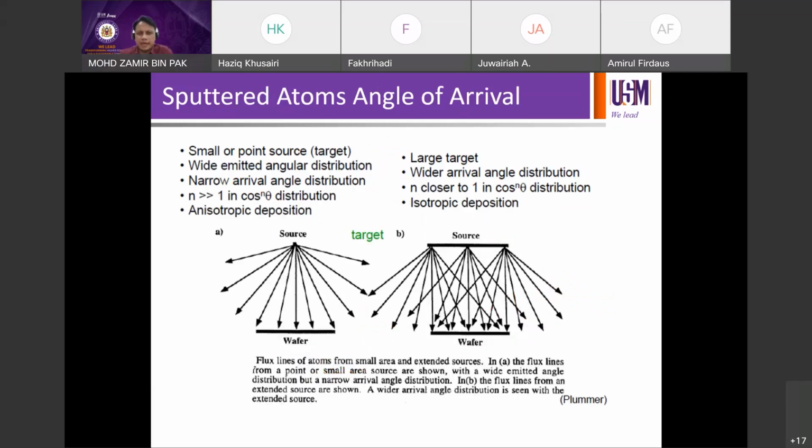So sputtered atoms angle of arrival. Remember last time when I talked about unidirectionality of the process? Still remember? When you talk about unidirectionality, which process is the most unidirectional?